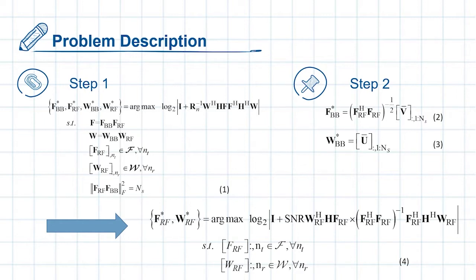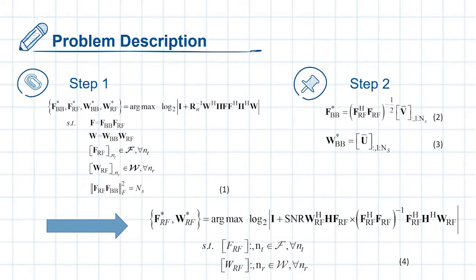If the RF beamforming combined codebook consists of orthogonal vectors, such as the DFT codebook, then for any selected RF precoder and RF combiner, the best baseband precoder and combiner are expressed as Formula 2 and 3.